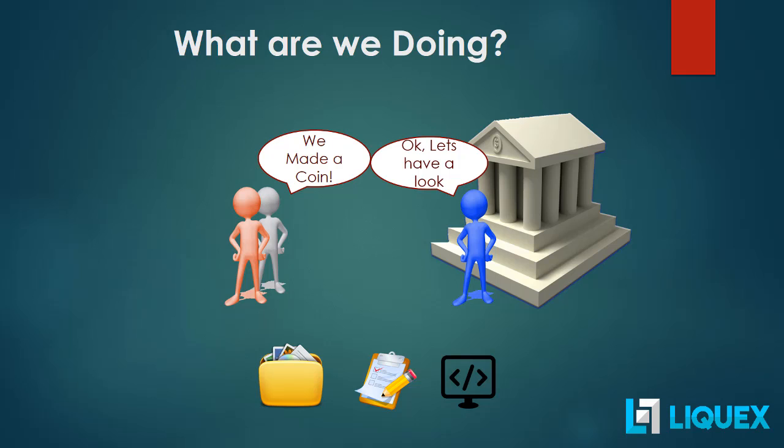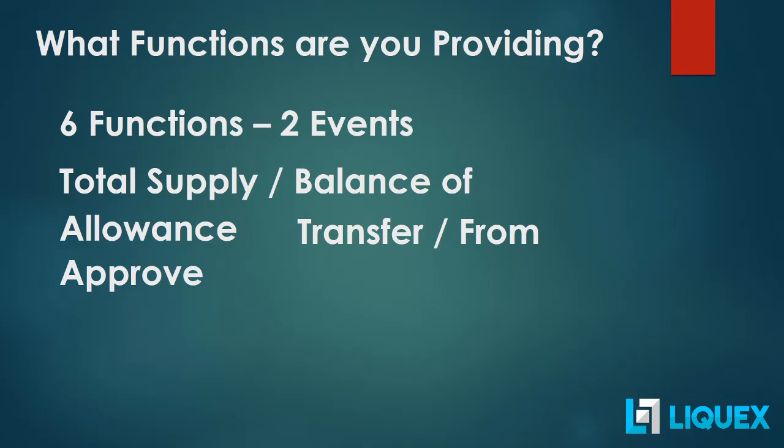Before we go into looking at your code, let's see what we're expecting as a very minimum. Now obviously we're talking about an ERC20, so if you're wanting to do a different coin, this will be slightly different, but an ERC20 is a good starting place for most people. So let's start by looking at the functions you're going to provide in your token.